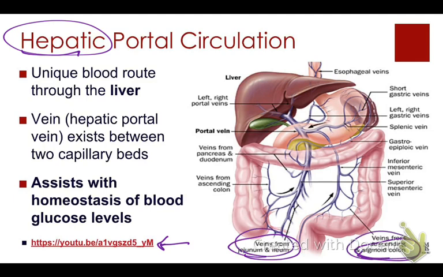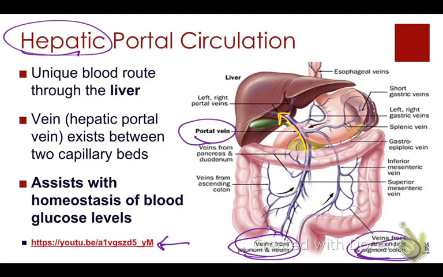Instead of that blood draining directly back, it goes into major veins from your gastrointestinal tract, and instead of it just making its way back to the vena cava and heading right back up into the right side of the heart, some of it goes in through this portal vein, and it goes into the liver. It's kind of hard to see here with the purple. But this goes in through the portal vein, and it goes into the liver.